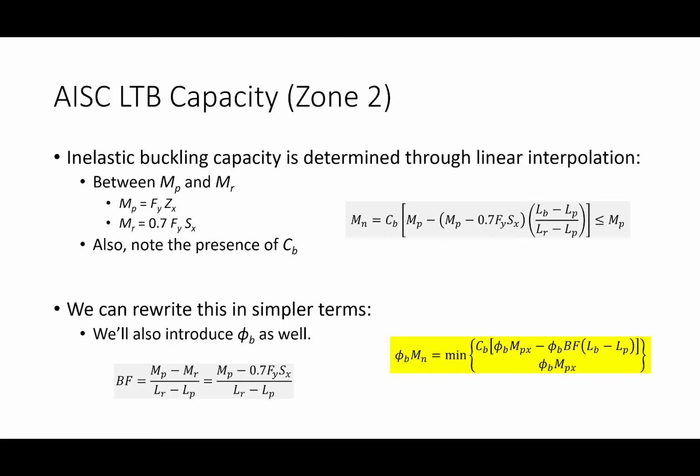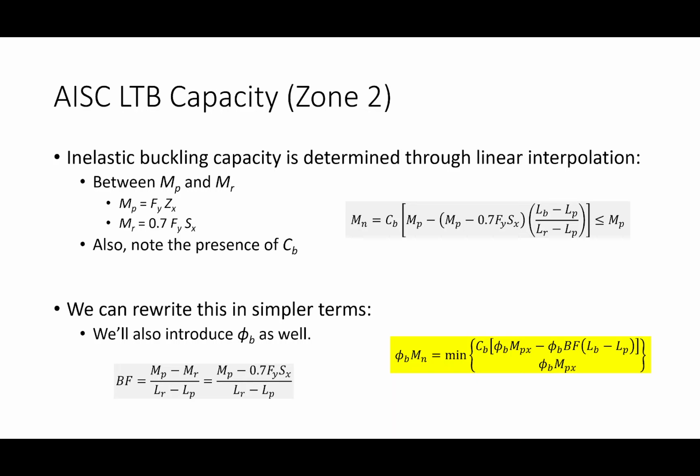What we're going to use is this. So let me walk you through how I get from here to here. First off, zone 2 is just linear interpolation. So this, Mp minus 0.7 FySx over Lr minus Lp, that fraction is just the slope of that linear line, right?